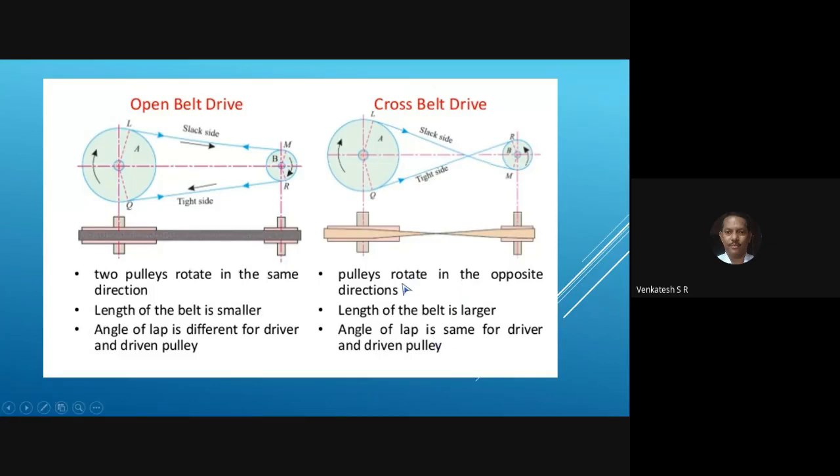In bracket, write down: driving pulley rotates in clockwise direction and driven pulley rotates in anti-clockwise direction, due to cross belt. Close the bracket.